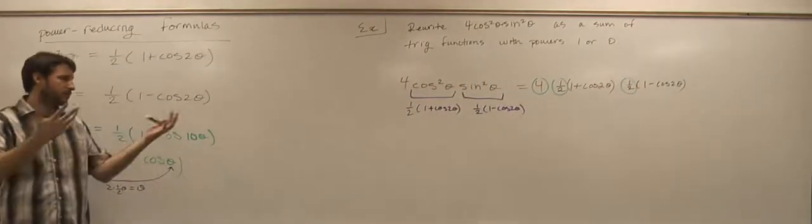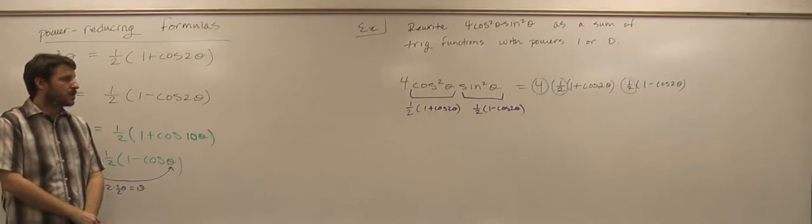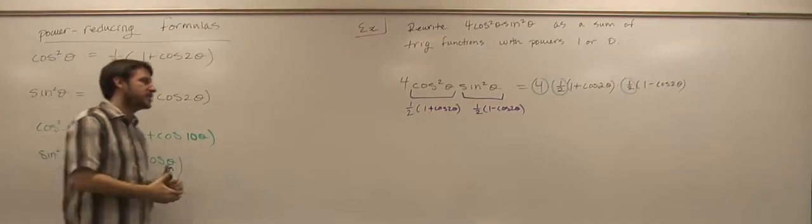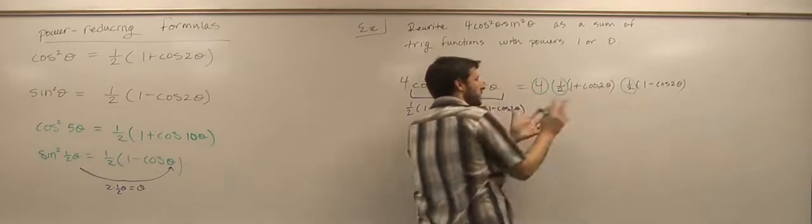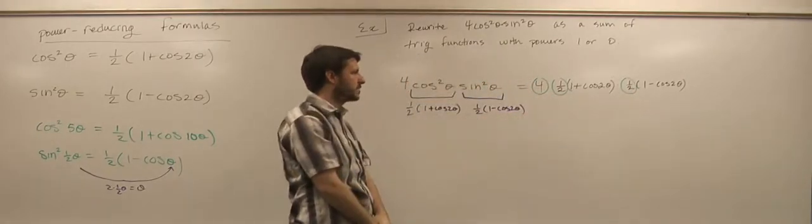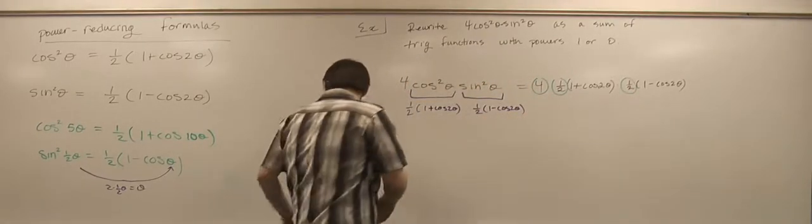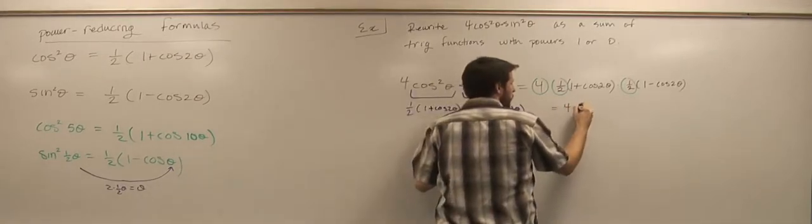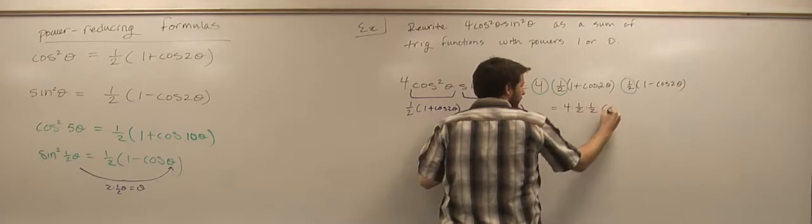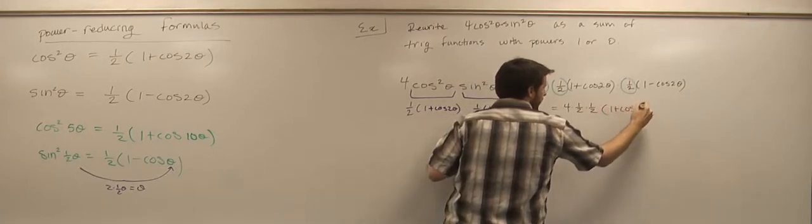They're all constants. And multiplication is associative, so you can multiply these 3 before you multiply these 2, right? You can multiply it in any order, change your parentheses. So I'm going to rewrite this as 4 times 1/2 times 1/2, and then leave my other factors.